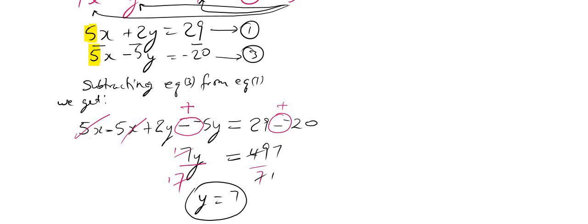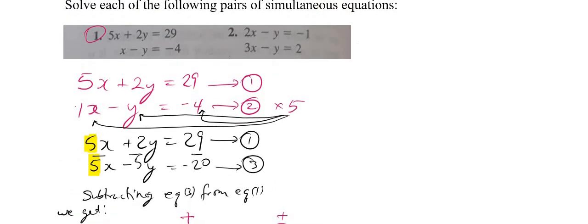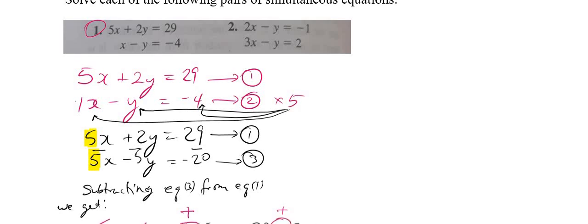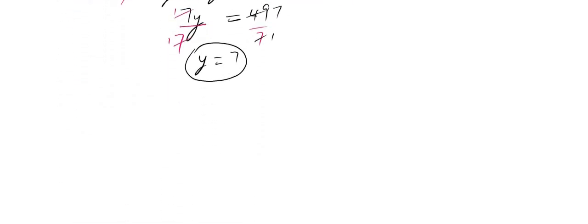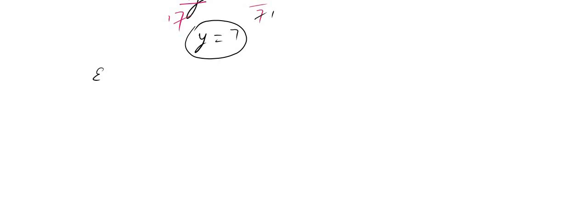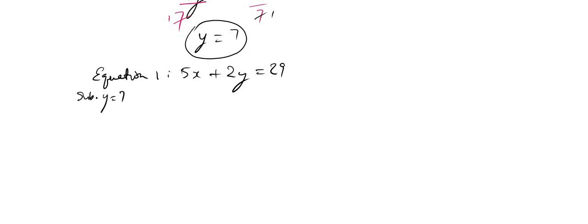We need now to find what x is. So we look back at the equations and choose one of them to substitute y into. Let's go with equation 1: 5x plus 2y equals 29. We're going to substitute y equals 7.